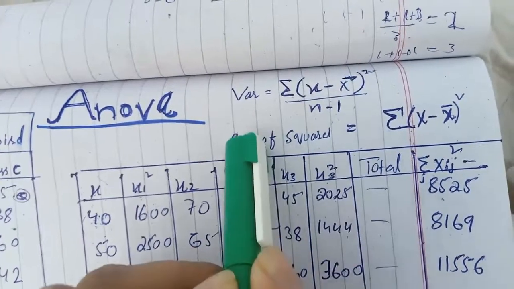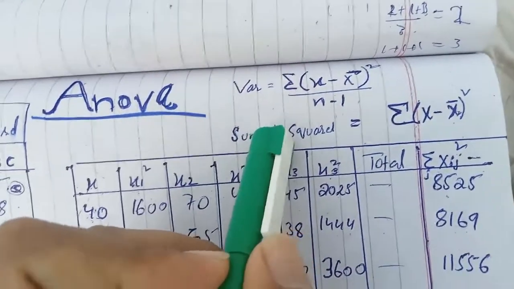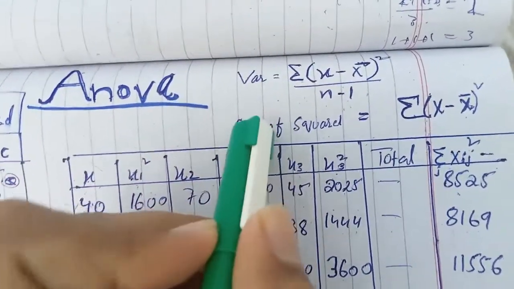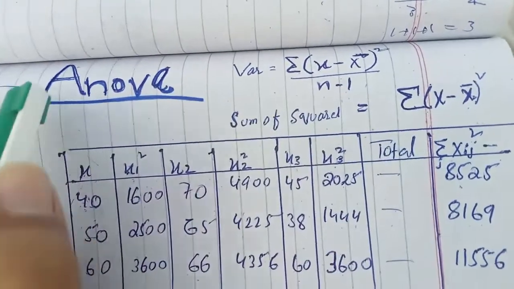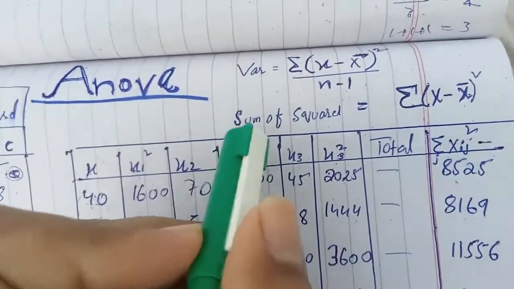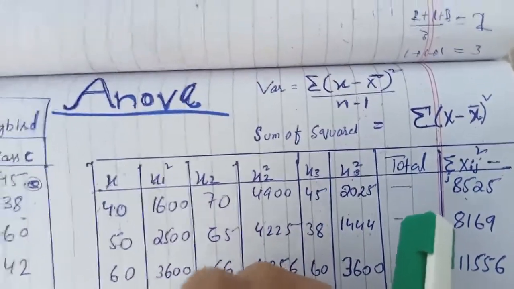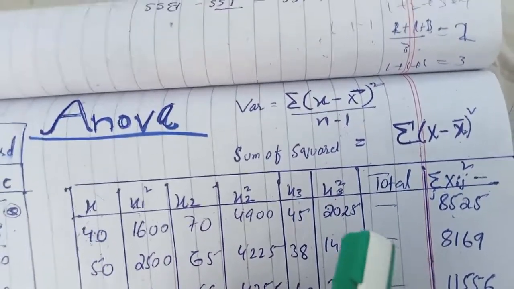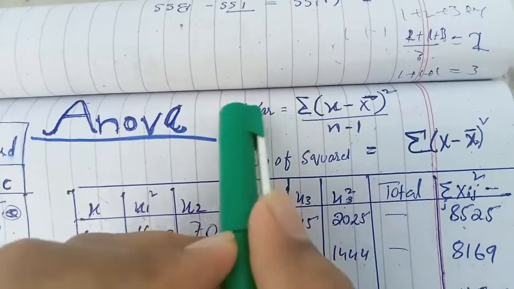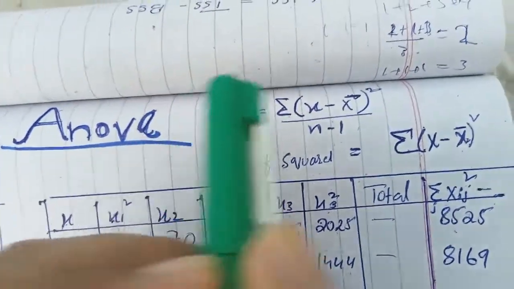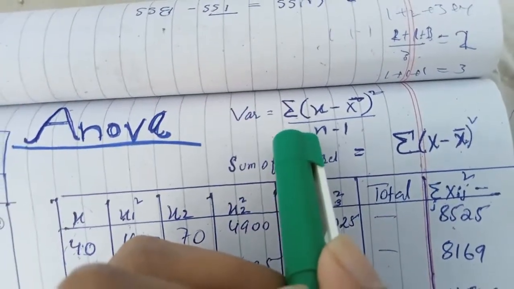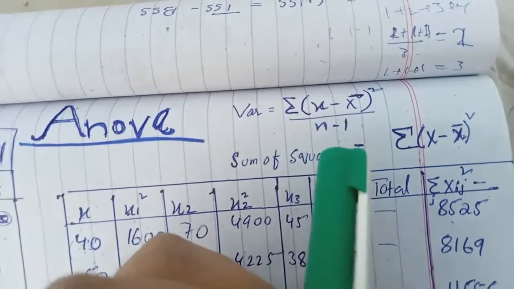The term sum of square is used very often. You will hear this word sum of square in ANOVA. What is basically the difference between the sum of square and the variance? In the variance, there is n minus 1 in the denominator.